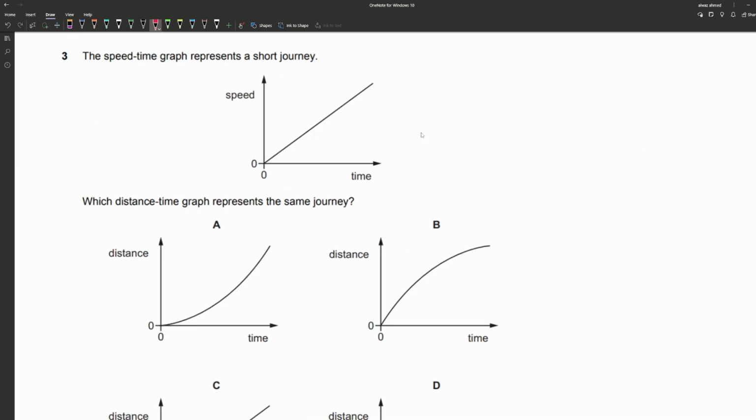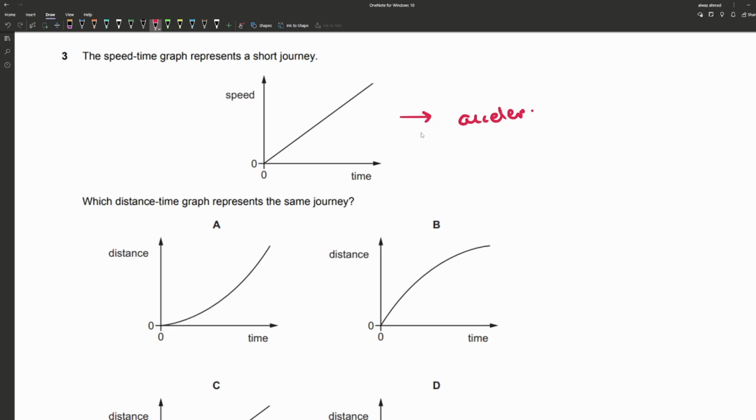The next part says the speed time graph represents a short journey, which distance time graph represents the same journey? Okay, so if we analyze the speed time graph, we can see that the speed is constantly increasing, which means that the object is accelerating.